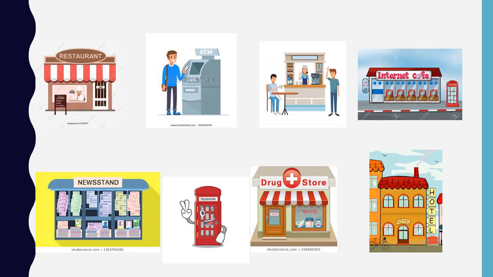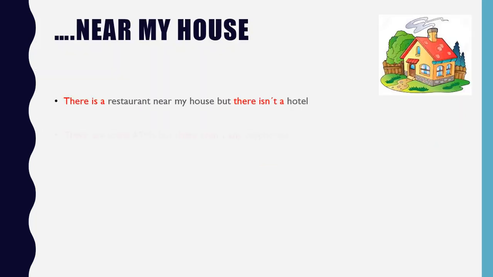In my neighborhood there aren't any newsstands. So I'm speaking about my neighborhood, describing my neighborhood, using these places, using the negative and the affirmative form of this.